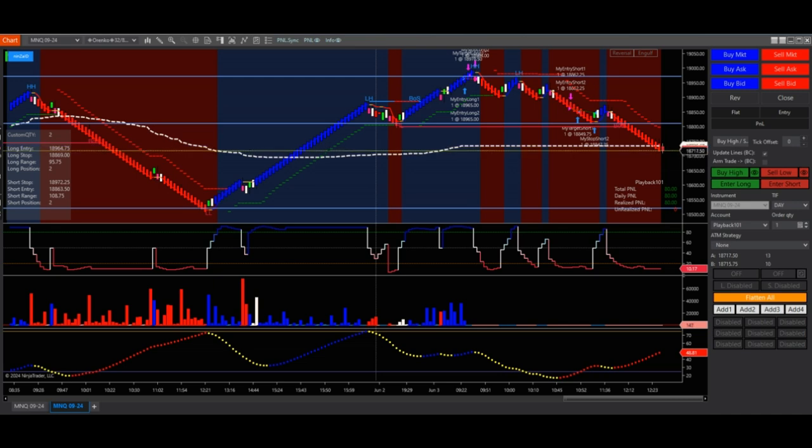Regardless, that would have been a good trade, especially if you caught it early. Like I said, I missed the train already, so I'll wait till I catch the next train.